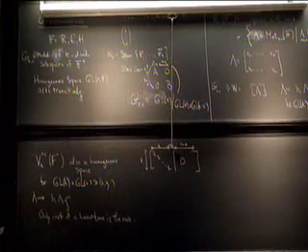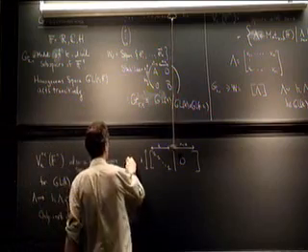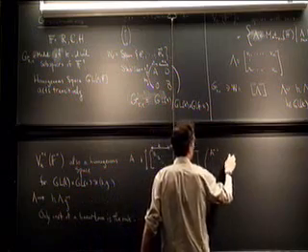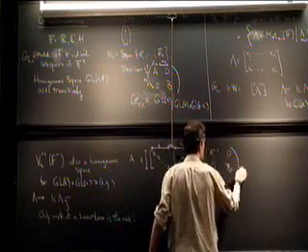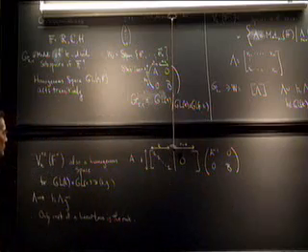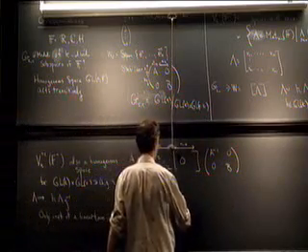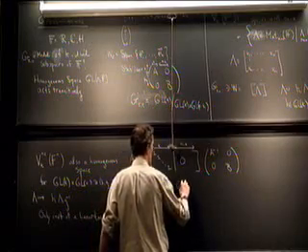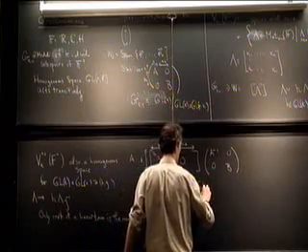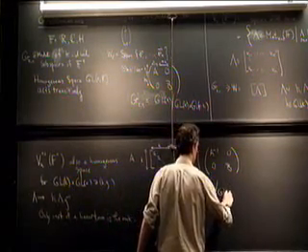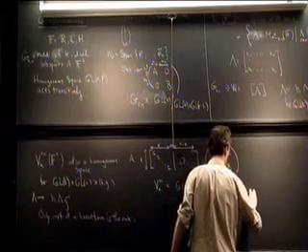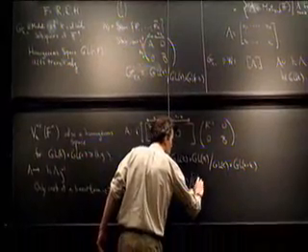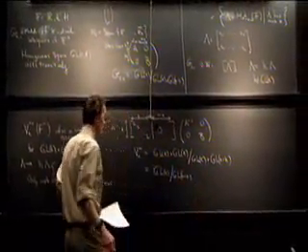And then what's the stabilizer of that? Well, the stabilizer will be a k by k matrix A here, and then a matrix that looks like this. So the stabilizer is GL_k times GL_{n-k}. Therefore, V_k non-compact is GL_k times GL_n divided by GL_k times GL_{n-k}, and that is the same as GL_n divided by GL_{n-k}.